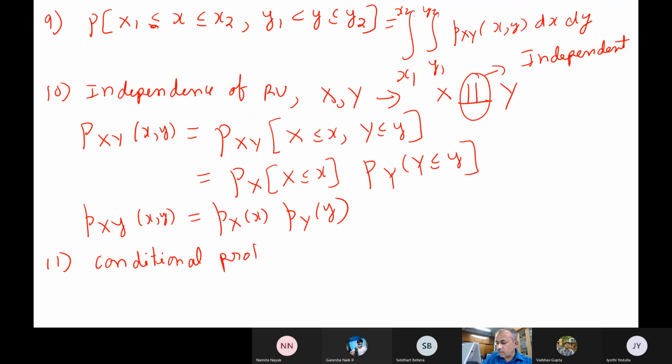So the conditional probability. Here, if I want the probability of Y ≤ y given X ≤ x, you tell me what will be this value. What is the probability of A given B? Previously we have written, right? If they are independent, this will be the same as P of A only. But assuming they are dependent, what will be the probability of A given B?